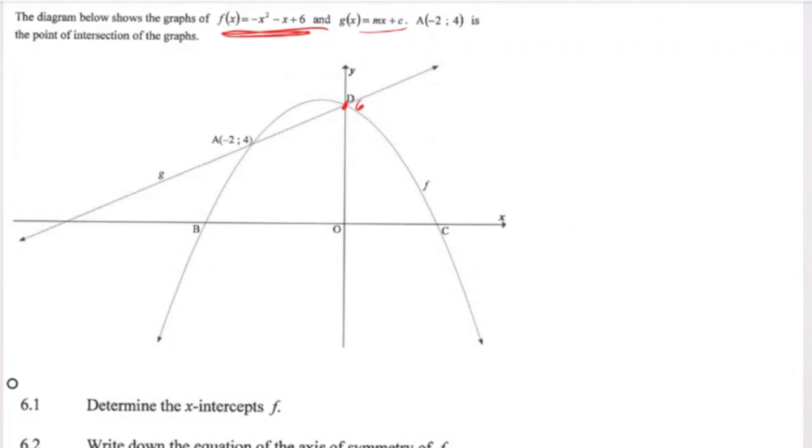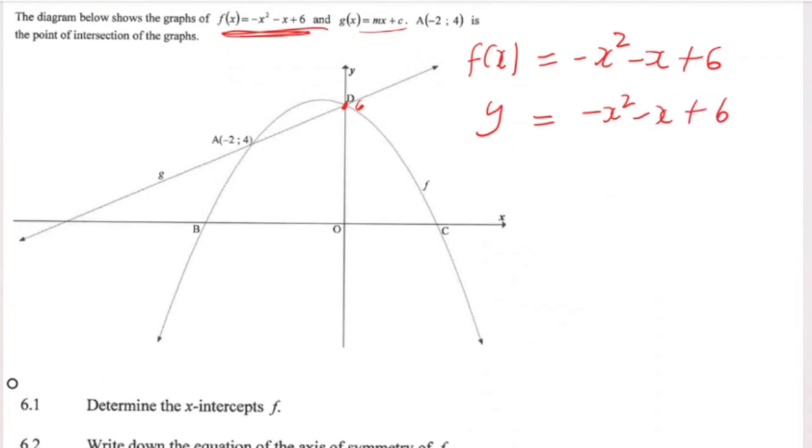So how do you get the x-intercepts? You've got f of x is equal to negative x squared minus x plus 6. If you don't like f of x, it confuses your thinking. This is just y is equal to negative x squared minus x plus 6.